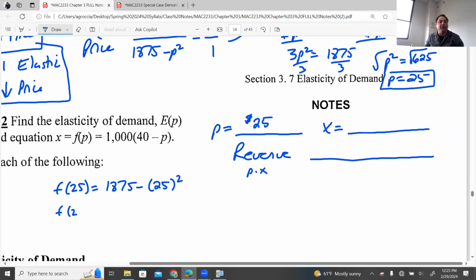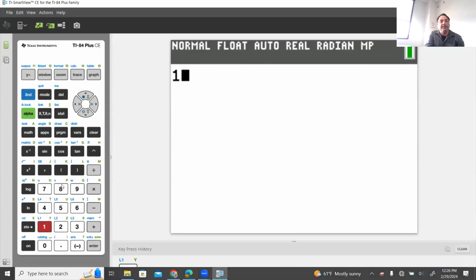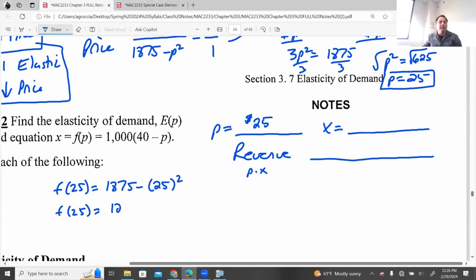If you put that in the calculator, at $25, you get 1,250. 1,250 what? That's how many board games you're going to sell. So now you know that the price is $25 and you're going to sell 1,250 board games.